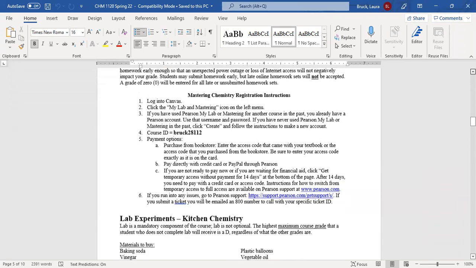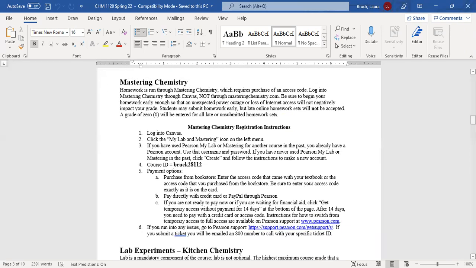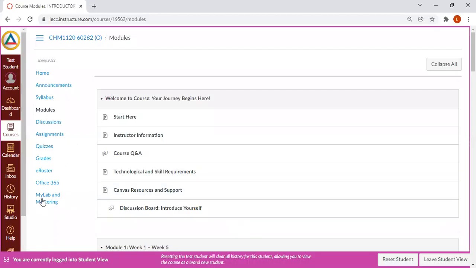Make sure that you're doing this in Canvas, okay? If you do this in or outside of Canvas, it won't work. You need to do it in Canvas. So let's go back to Canvas. Go to this button right here that says My Lab and Mastering.